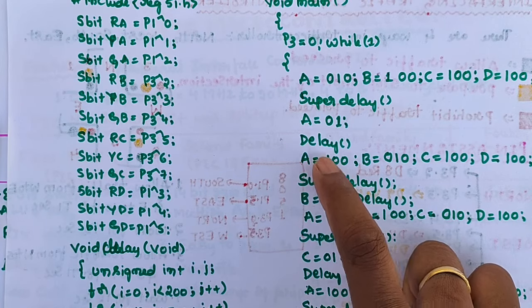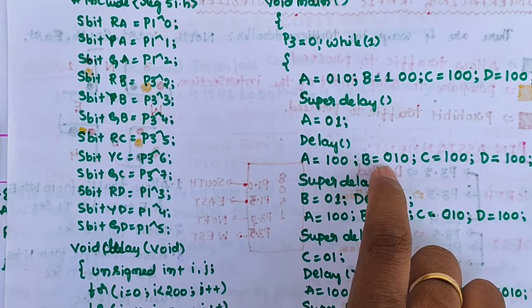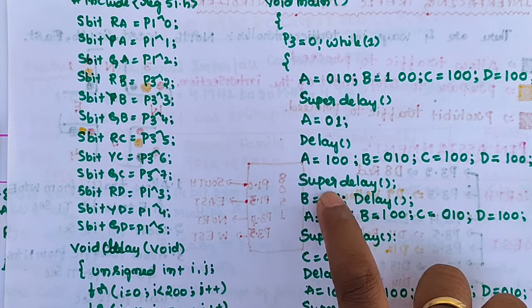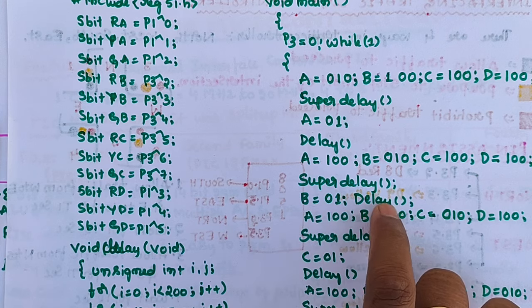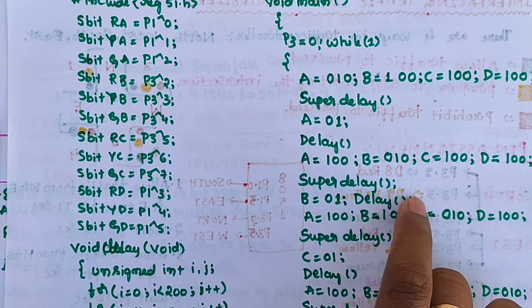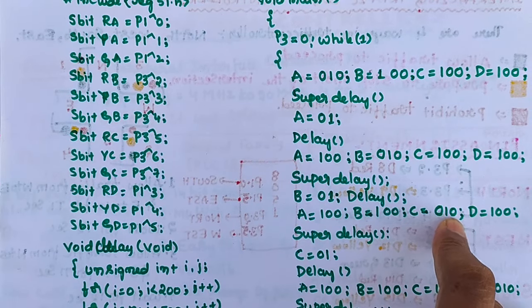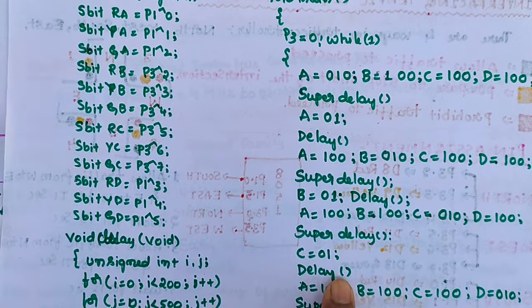In the same way, after completion of the north way, it goes to the west: the west yellow light is turned on, and after a small delay it becomes green. Then it calls for the long delay and goes to the south side, where the yellow light is enabled, and after the small delay it becomes green and gives the long delay.